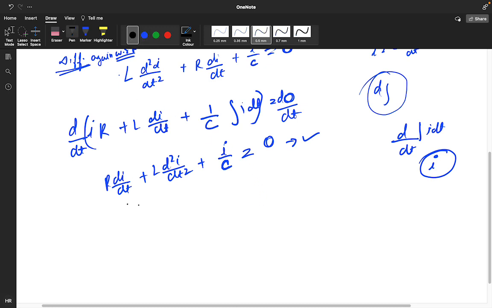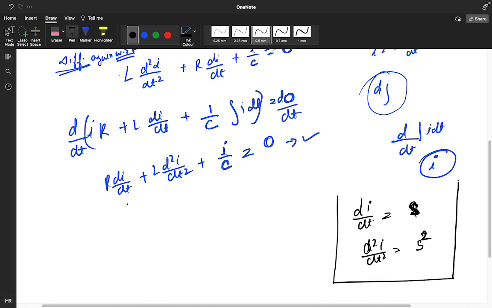Now we do the conversion. Always remember, if the initial condition is 0, the Laplace transform of differentiation di by dt will be S, and the Laplace transform of d square I by dt square will be S square. This is one important point.